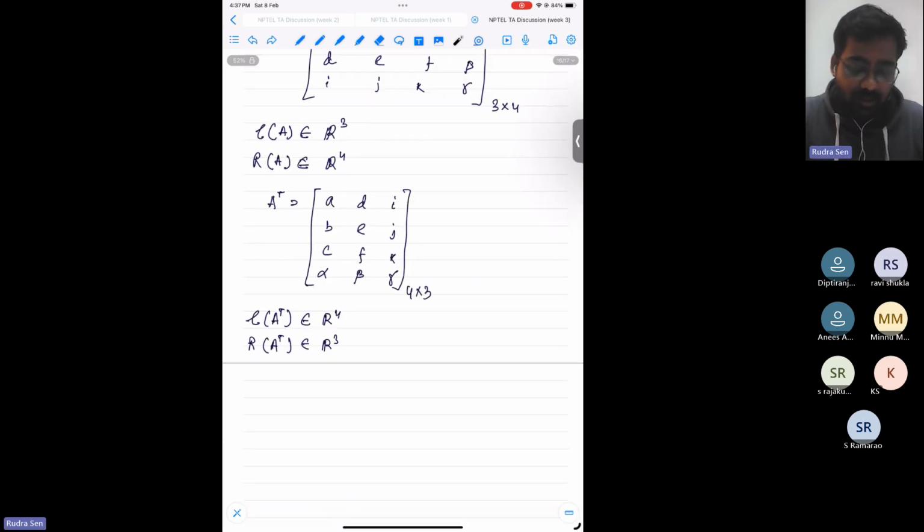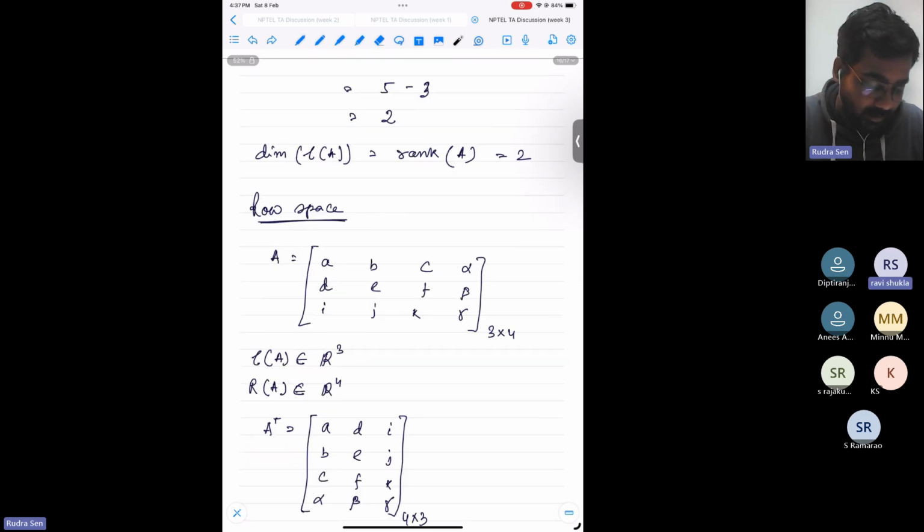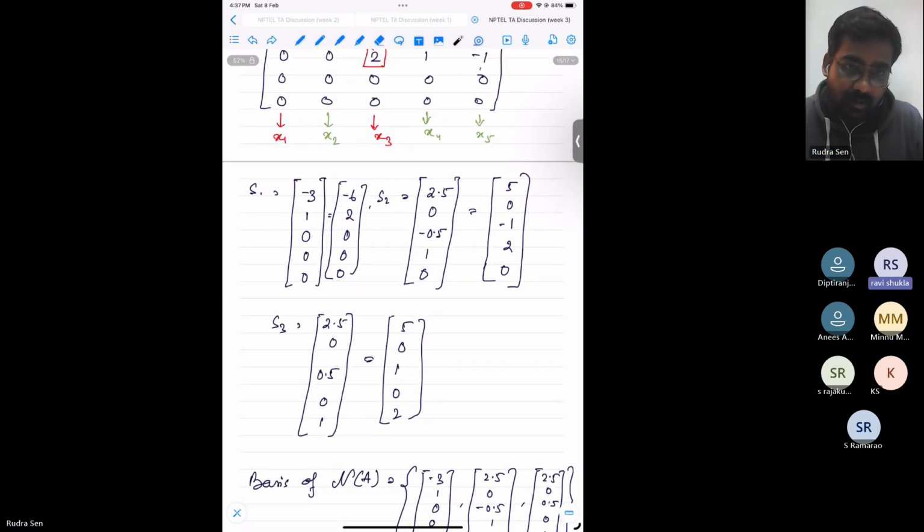Sir, in the last example, where you are taking the values of S1, S2, and S3, we are considering, for example, x2 equal to 1, x3 equal to 0. We can take any values in place of x2, x4, and x5 for finding S1, S2, S3.